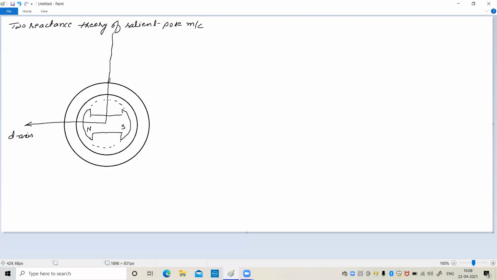Now this is the quadrature axis, the Q axis. So the air gap along the quadrature axis for the cylindrical rotor machine and the air gap along the direct axis are the same.